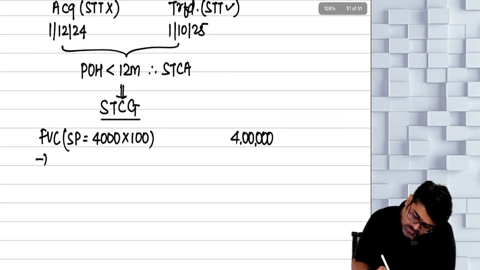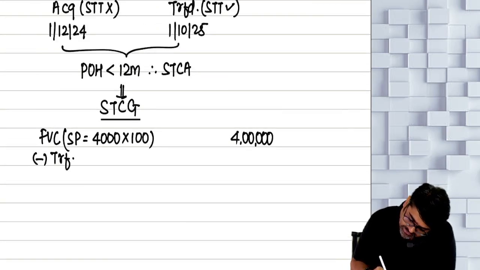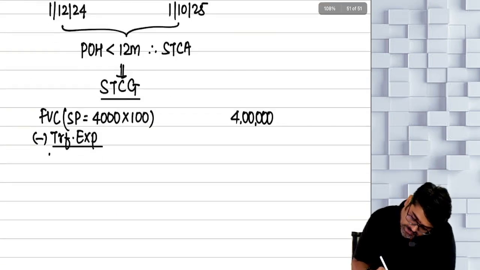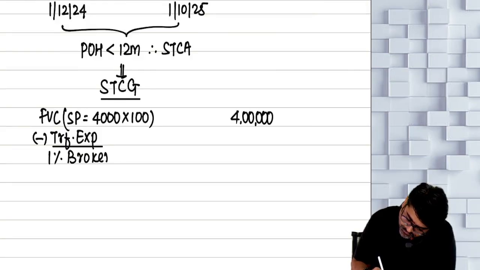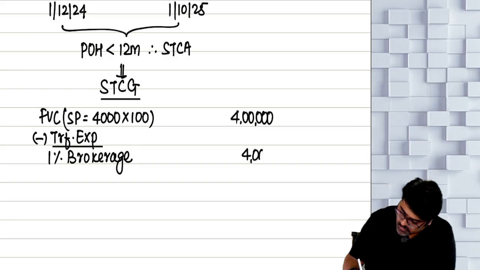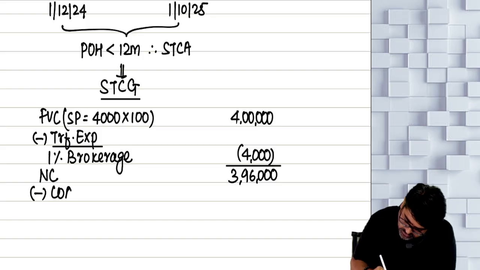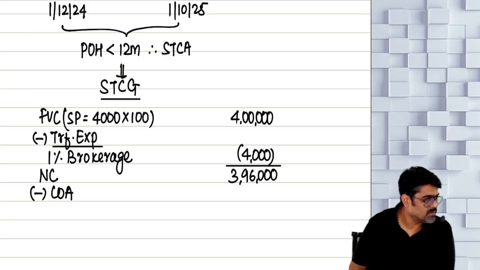Now minus what? Any transfer expense will be there? Yes. On the bonus shares also you are going to pay brokerage. So 1% brokerage will be 4,000. So your net consideration will be 3,96,000.